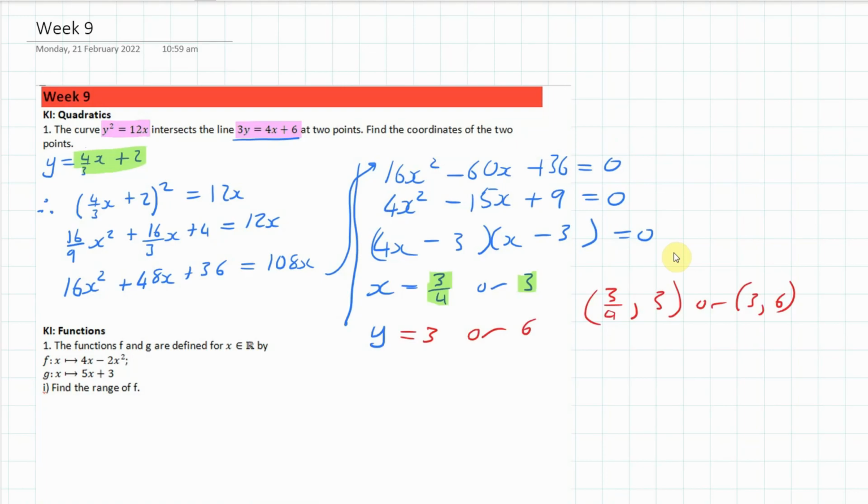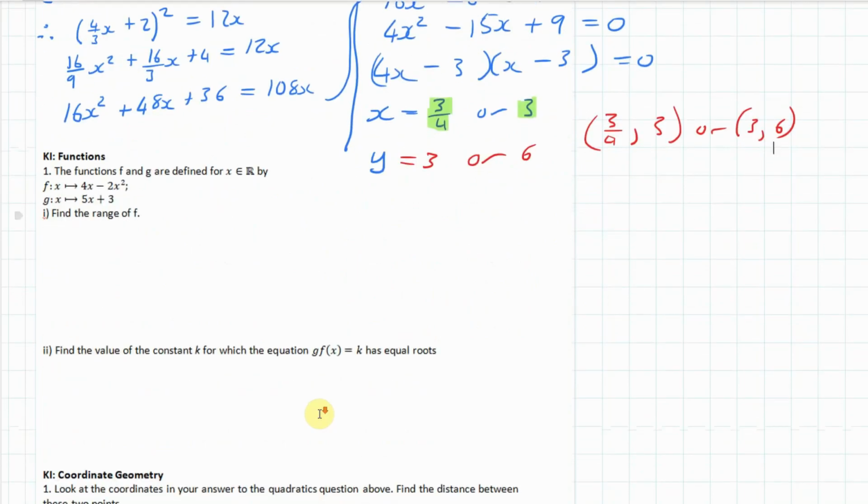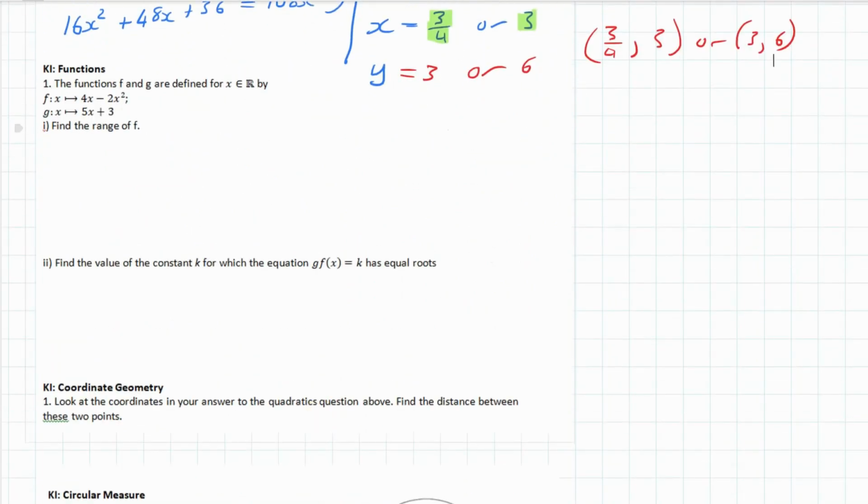Now I think this next question, or some of it may be a repeated question, but nevertheless we'll do it anyway. We've got to find the range of f. Well, one way would be to write this out and complete the square, and perhaps we could take the negative 2 out. We've got x squared minus 2x.